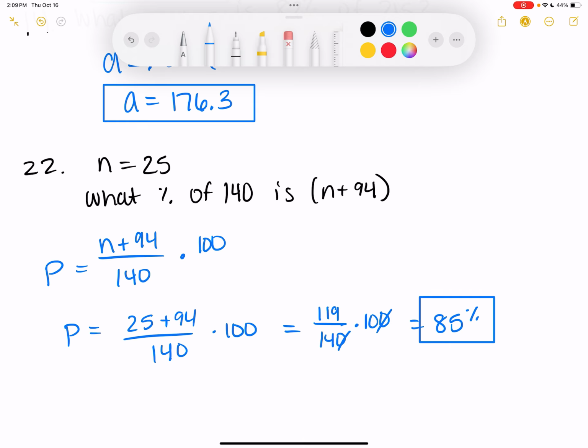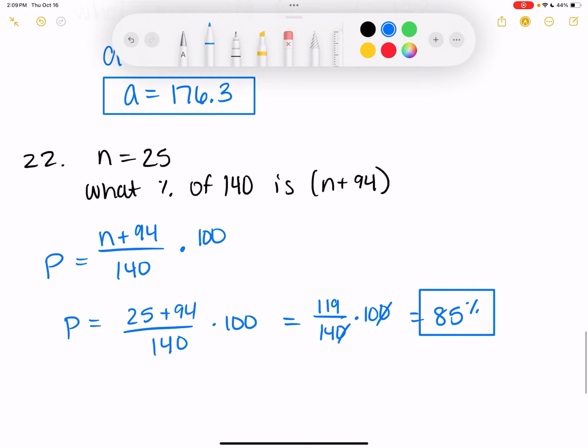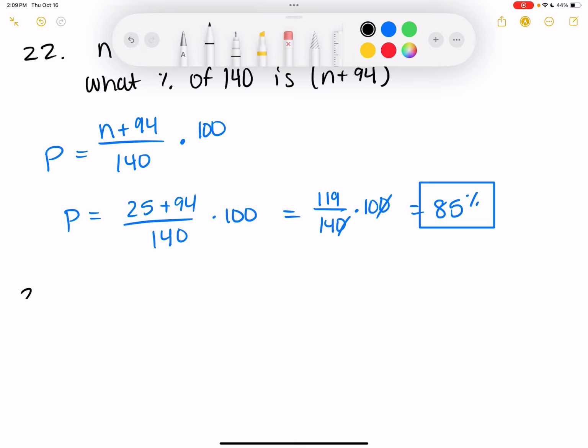All right, 24. Same thing. N is equal to 25. And then this question is, what number is 52% of 2n plus 15?